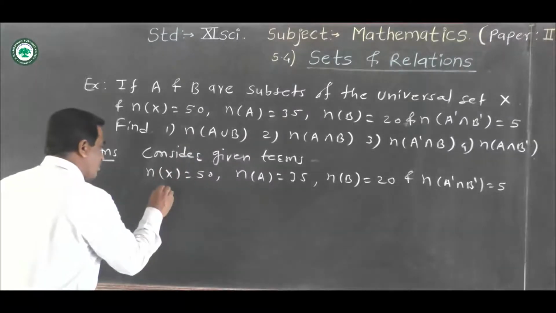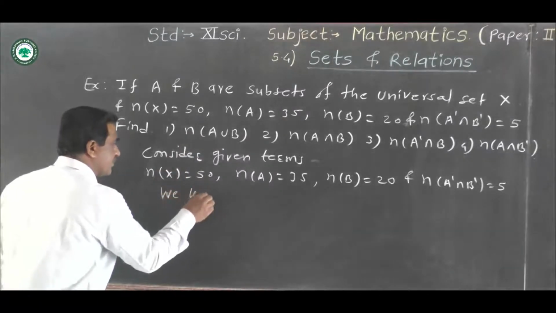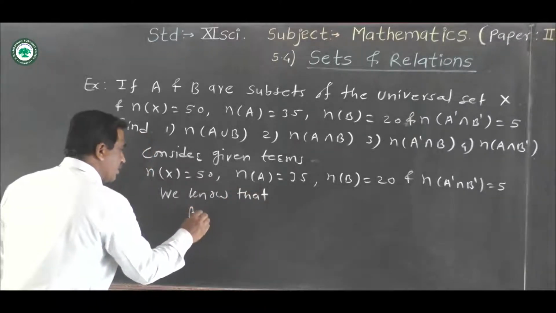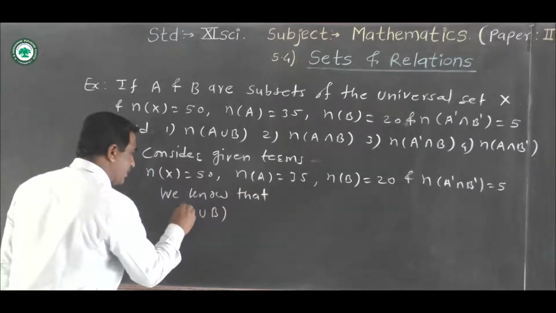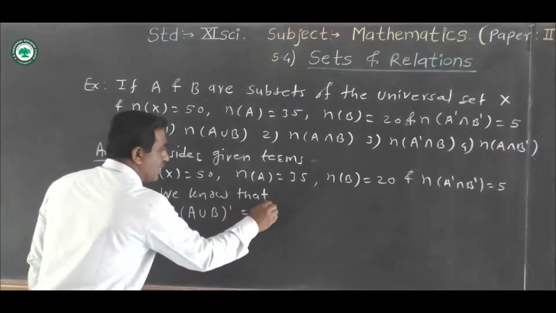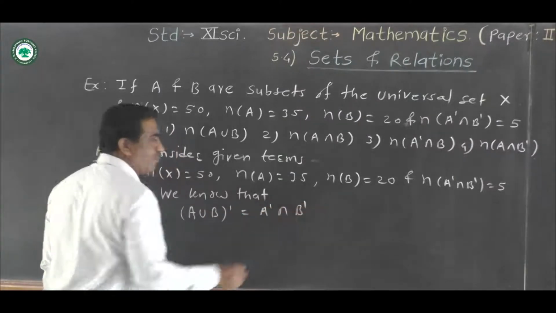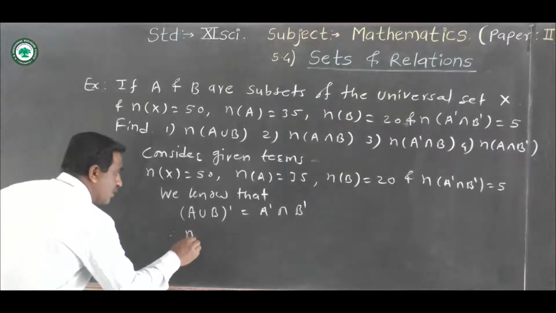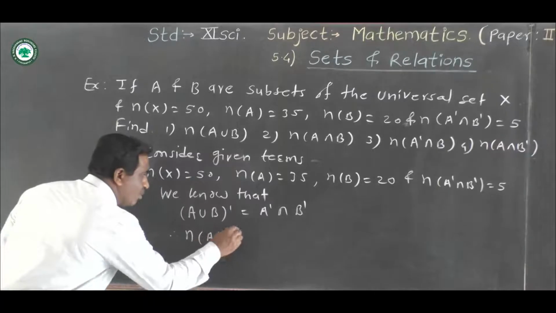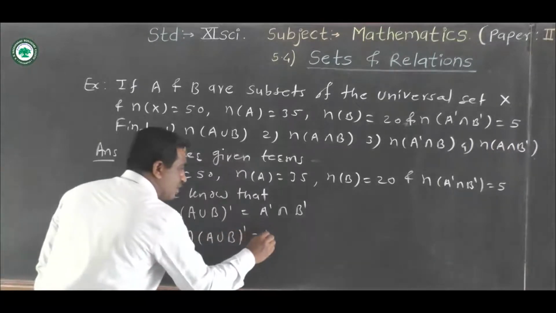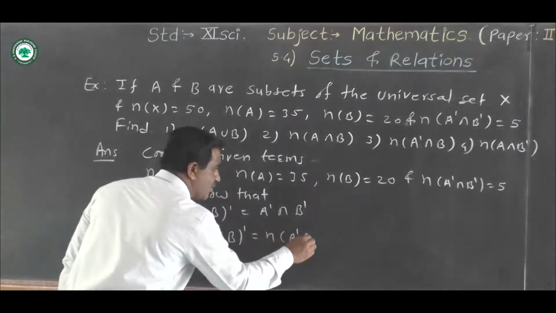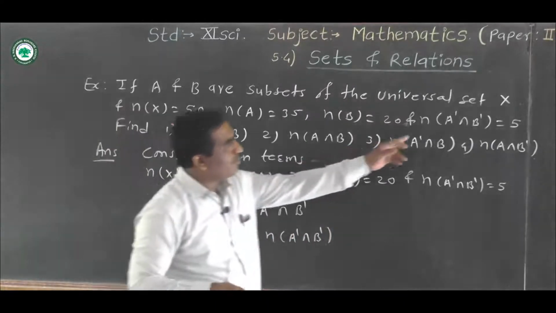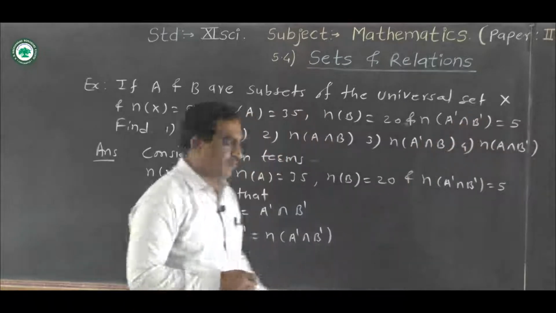Okay, now we know De Morgan's law: (A union B) complement is equal to A complement intersection B complement. This is De Morgan's law. Therefore n((A union B) complement) is equal to n(A' intersection B'), which is equal to the given 5.